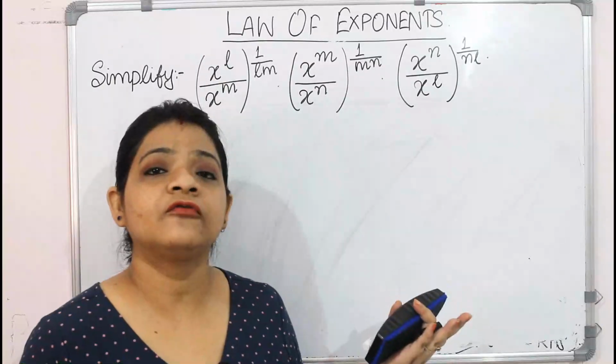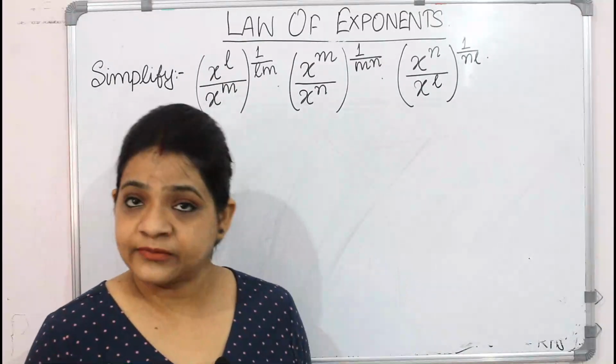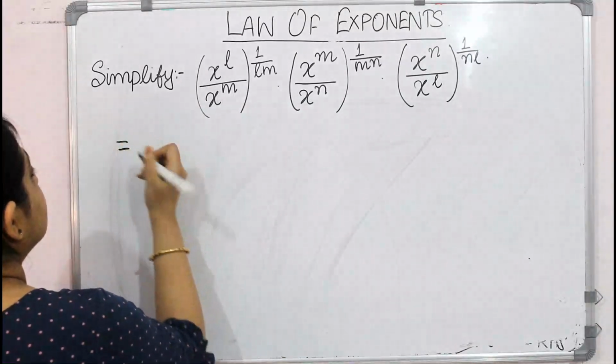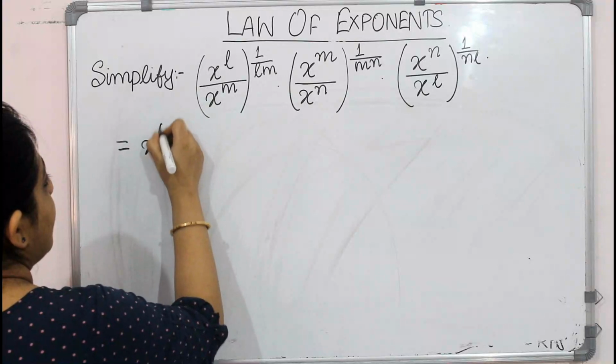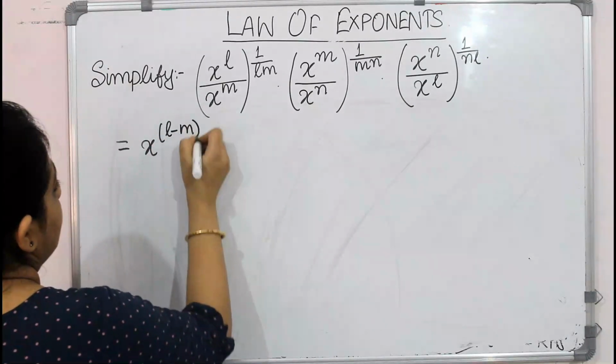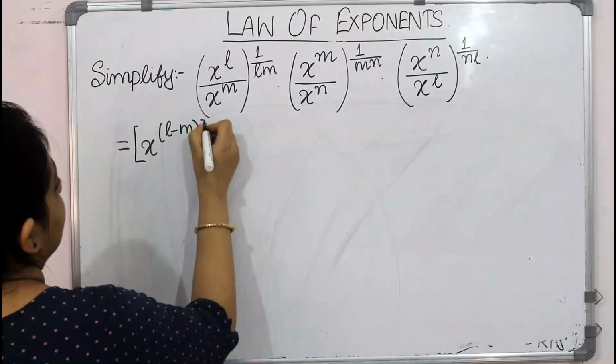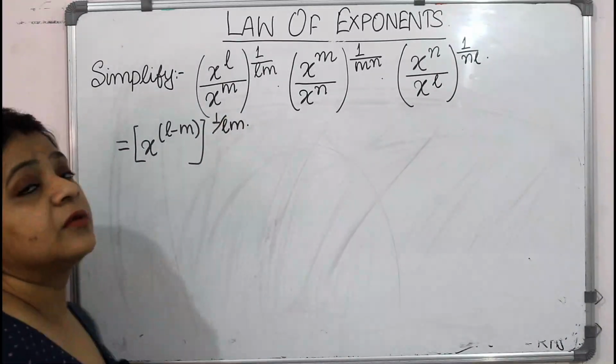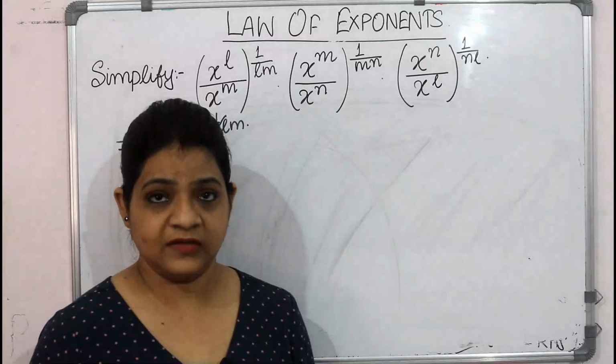So here what you have to do, simply you have to subtract the powers. Okay, so let's proceed. So this will be x to the power of l minus m. Within bracket we can write it as 1 by lm. So this is power to the power, isn't it?